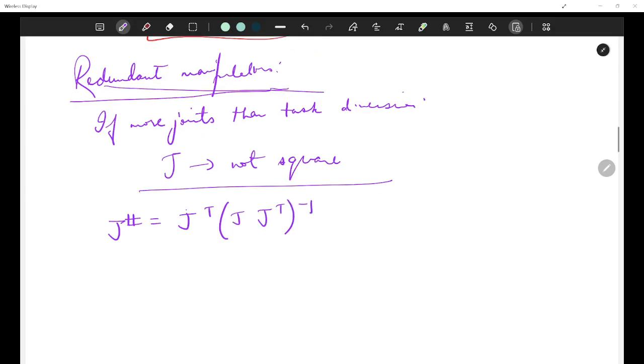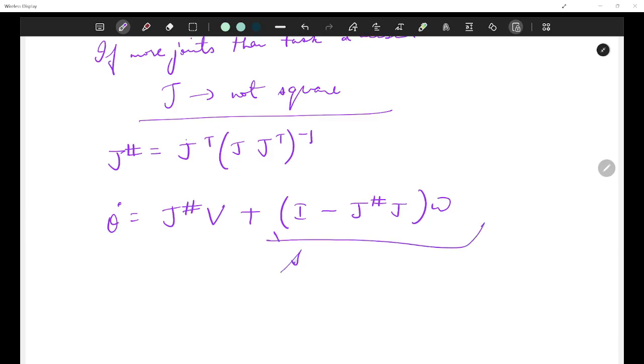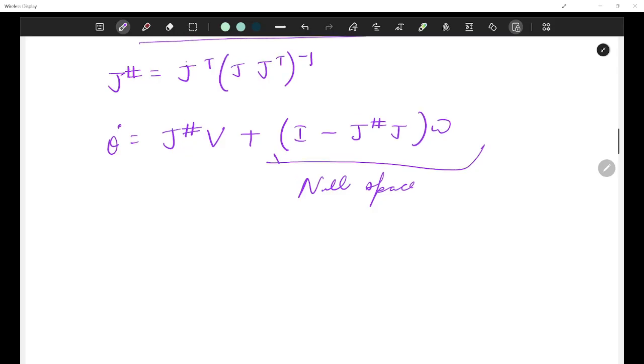So the solution that you get from here is theta dot equals J pseudo inverse into V plus identity matrix minus J pseudo inverse J, into omega. This second term is in the null space. Why is this important? Because we use it for avoiding obstacles, not reaching the joint limits, and maximizing the manipulability.